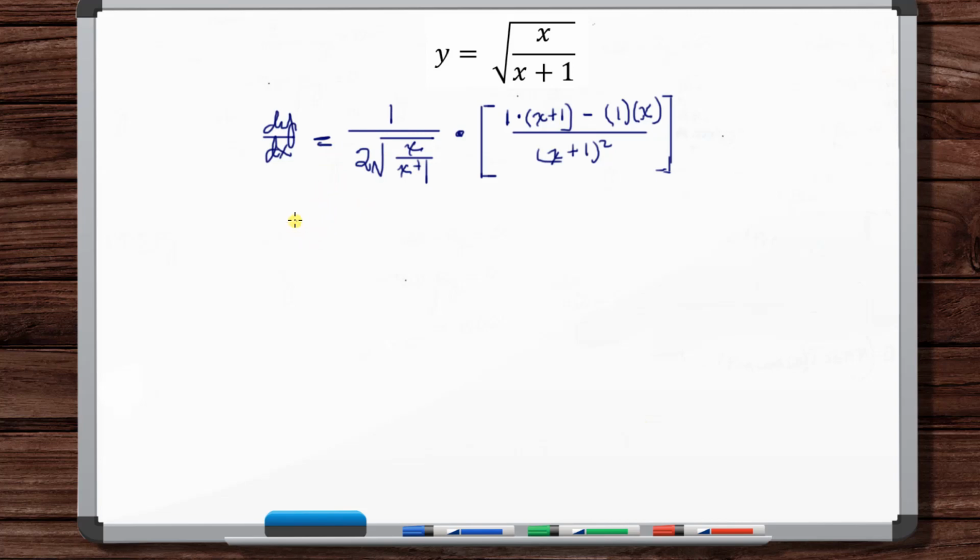Okay? So to clean this up, we've got an x plus 1 here, so maybe we can combine these two x plus 1s. So let's rewrite this.